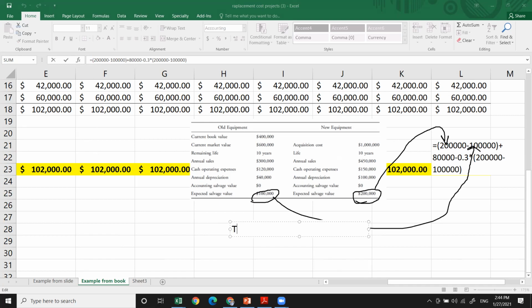So my terminal non-operating cash flow is equal to salvage value of new minus salvage value of old equipment, plus net working capital and minus tax. Let me put it in this bracket.